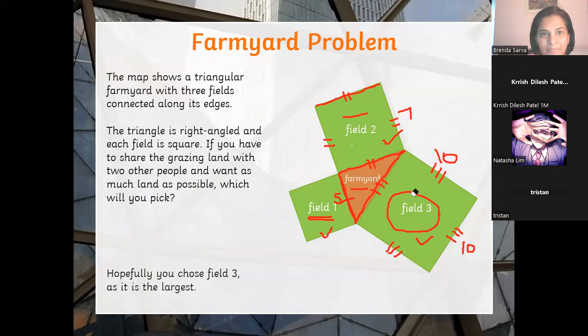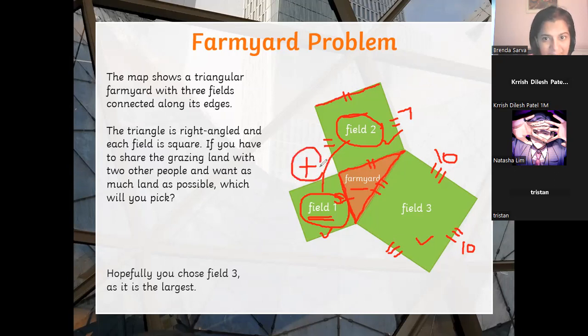He says that the area of field 1 and field 2, if I combine it, if I add it, it's going to be the same as field 3. It's not going to be more, it's not going to be less. It's going to be exactly the same. That's what he says.